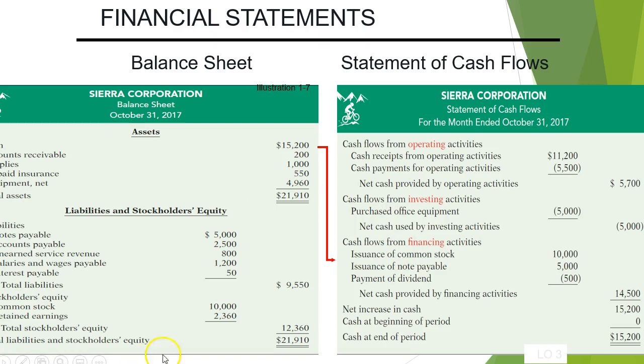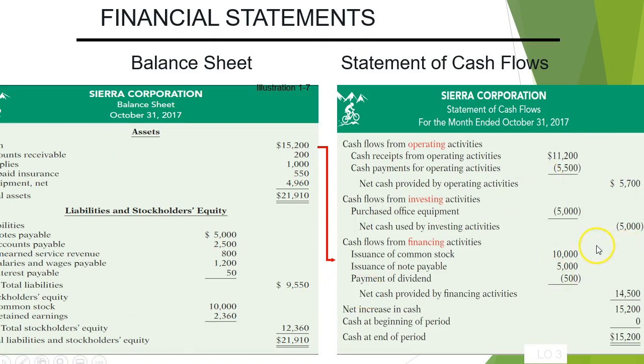So dividends are paid by corporations to the stockholders, but it means there's money that's going out. So when you pay out dividends, that would be a decrease in cash as a financing activity.